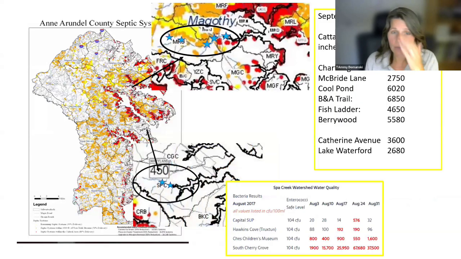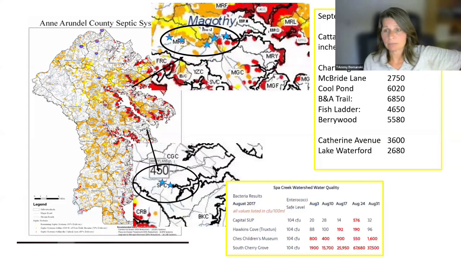This is also showing a slide from an old study looking at sites up along the Magothy River after rain. And again, it wasn't because there was a place where there was a sewer leakage. The numbers were just high all along this upstream headwaters creek for the Magothy.